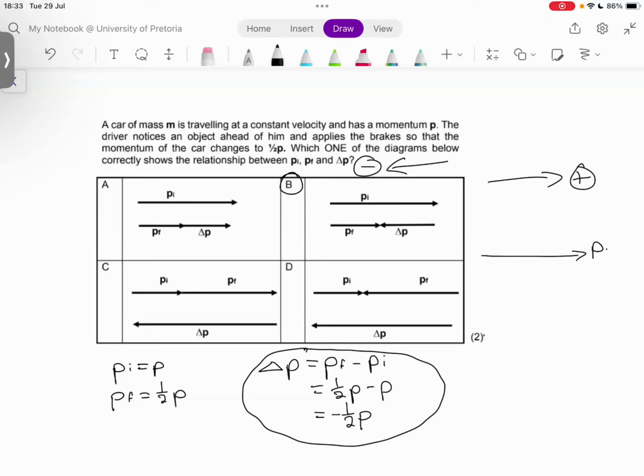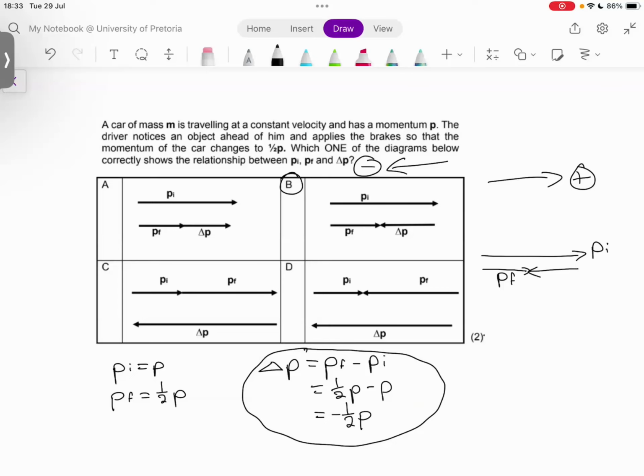This is our PI, which has a value of P. Our PF is going to be half of PI, whereas our change in momentum is half of P, but in the other direction. And that's how we end up with B as the answer.